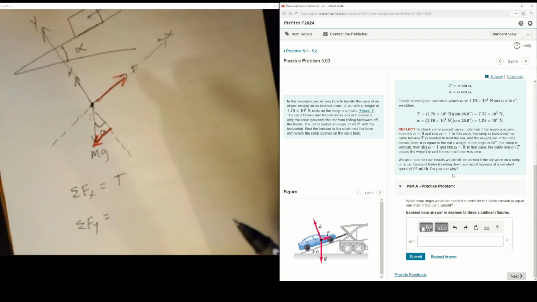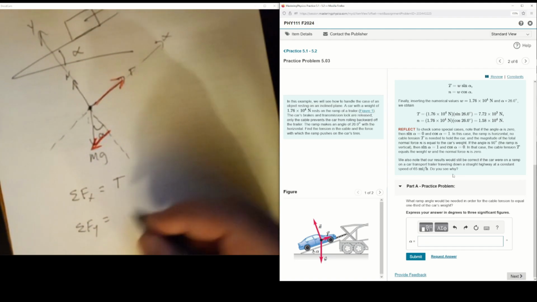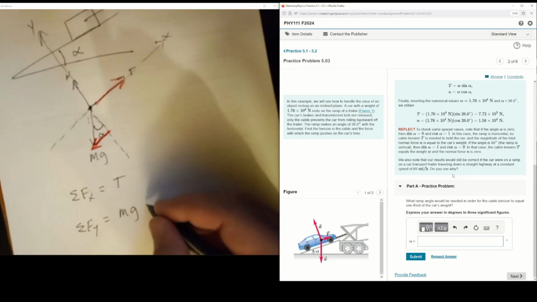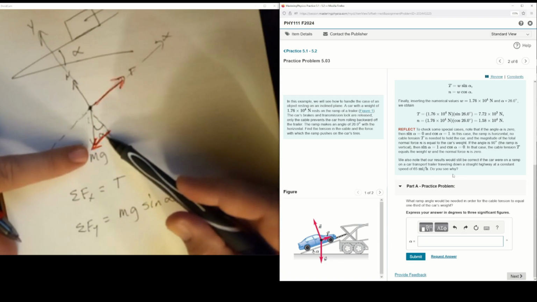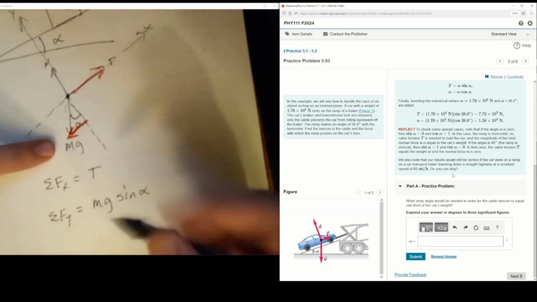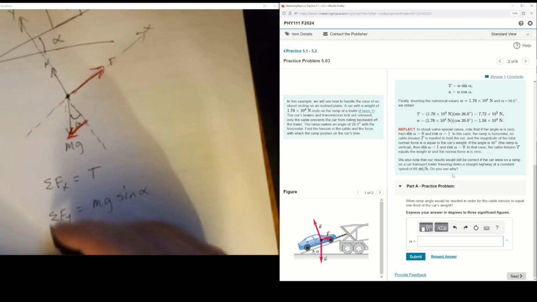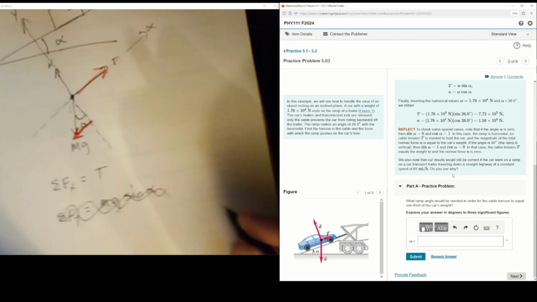Opposite leg means we're going to be using sine there. So we have mg sine alpha for this component, again the opposite leg. Oh man, I wrote that in the y direction. Let me rewrite that.